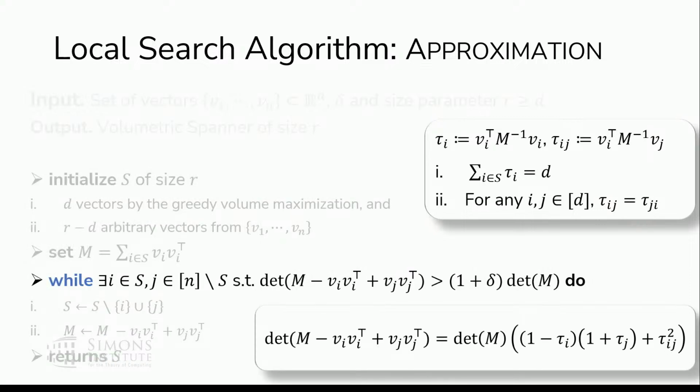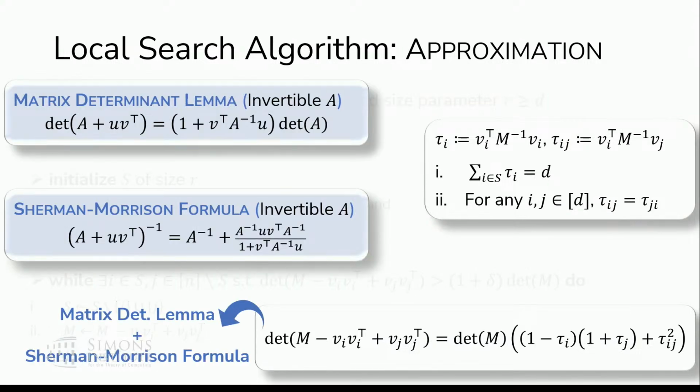Okay, so now let's check again the condition that we have. We stop at this point: if the determinant of this object is not more than 1 plus delta times the determinant of M, then we just stop the local search. And we can actually simplify the left-hand side and write it as determinant of M times (1 minus tau i)(1 plus tau j) plus tau ij squared.